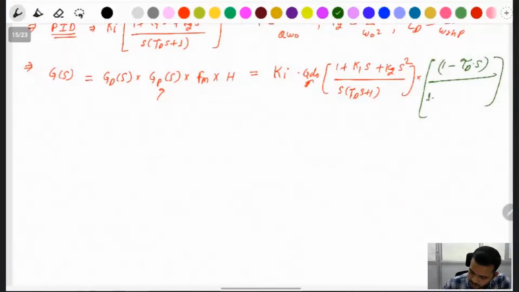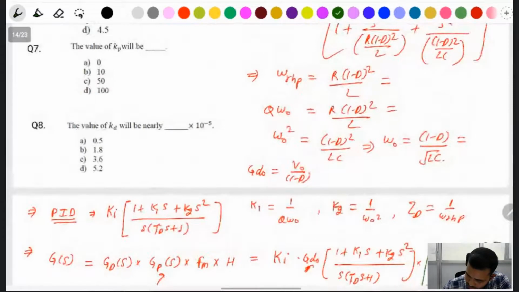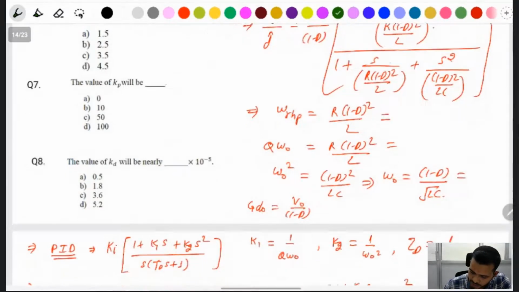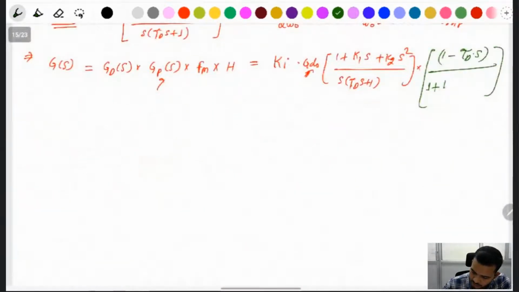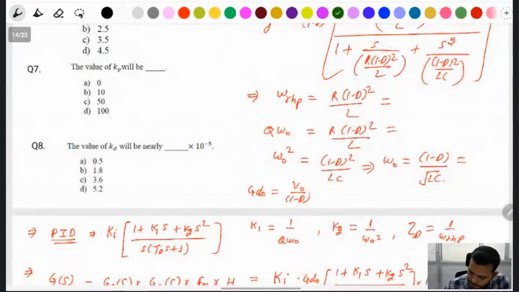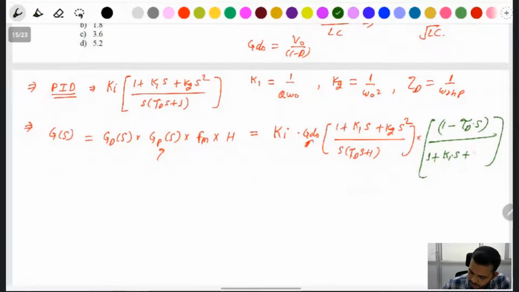Divided by 1 plus K1 S, where K1 is 1 by Q omega naught, and Q omega naught is equal to R(1 minus D) square by L. This one is K1 into S, plus this one, K2 into S square, where K2 is 1 by omega naught square.